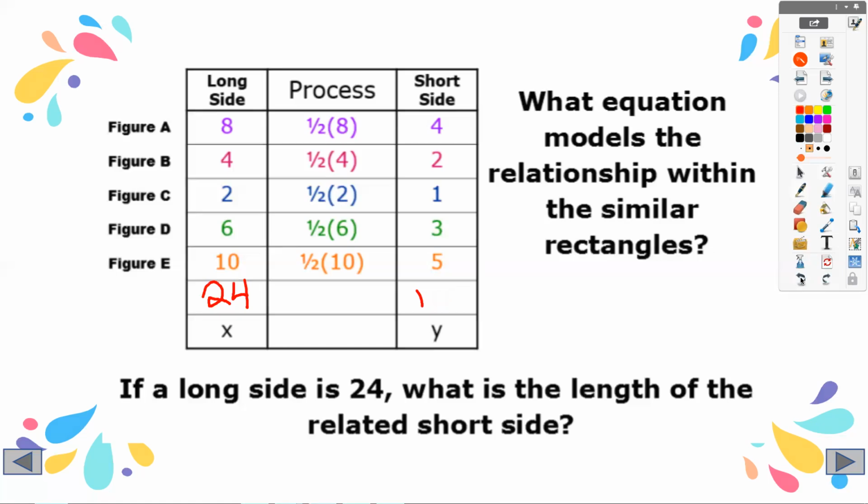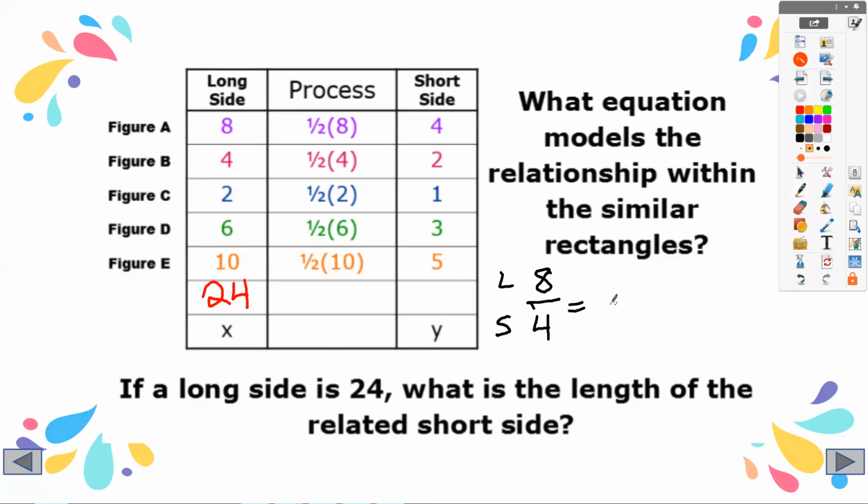The first one, because I said it is a proportional relationship, that means I can set up a proportion to solve it. So for example, if I said long to short, and I look at the first row, figure A, I can say long side was 8, short side was 4.